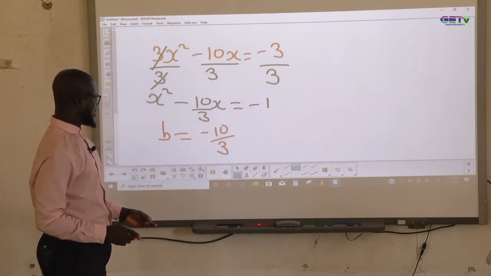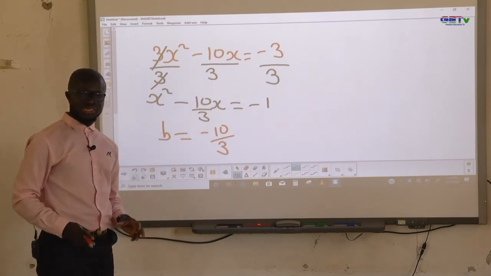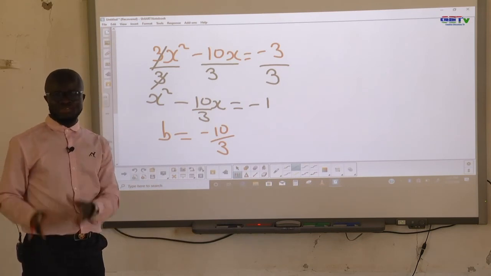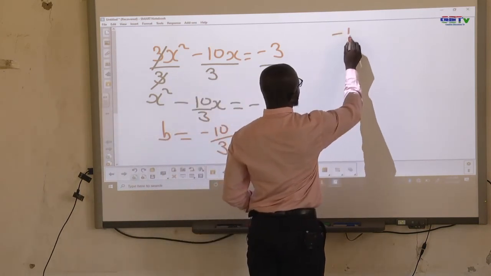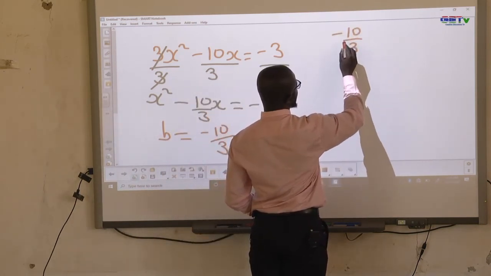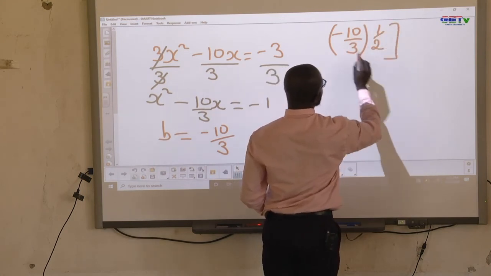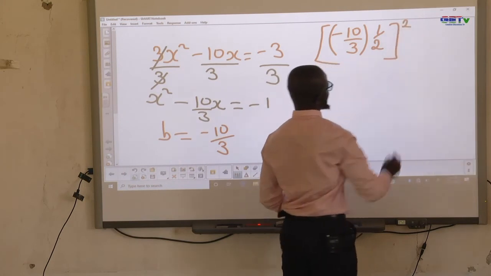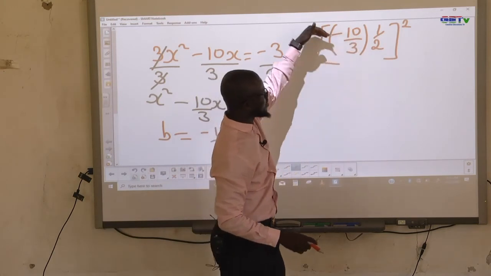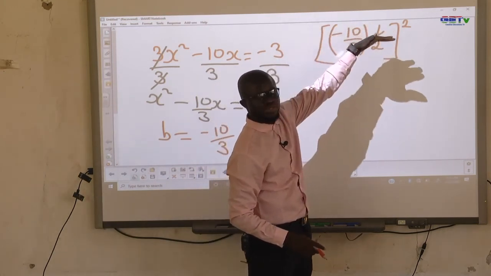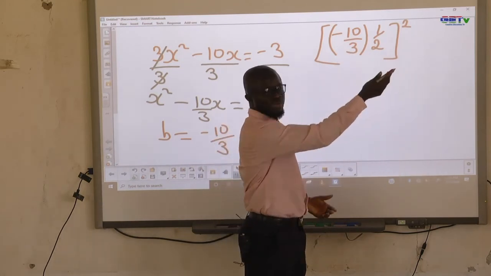Knowing the value of b as negative 10 over 3, we are going to multiply this by half. Like I said, it could mean the same as dividing the result by 2. Negative 10 all over 3 in bracket times 1 over 2. Remember the rule says you must square this result. If you want, you can multiply the numerators, the denominators, then reduce the fraction to its lowest term, or you can reduce by cancelling.